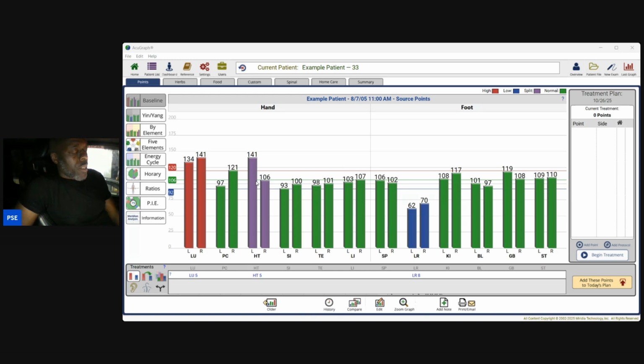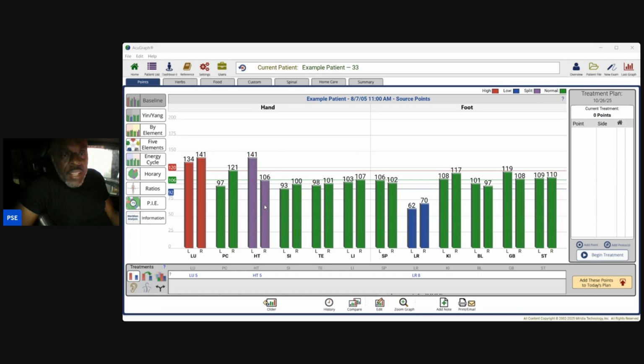So now let's break it down. If you see, these graphs have numbers, right? They have numbers, and the number goes all the way up to 200.